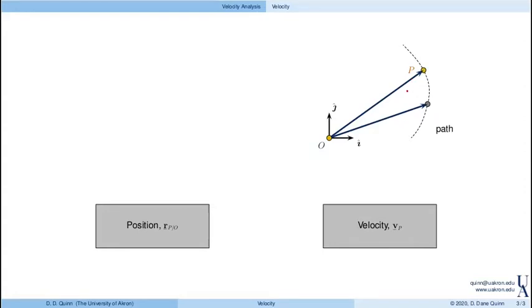Here I've given a point P that's moving along a path. When we look at the velocity, we find that the velocity is tangent to the path of P. So if I have a point P and I calculate the velocity, it would be in this direction, because this is the tangent direction to the path.